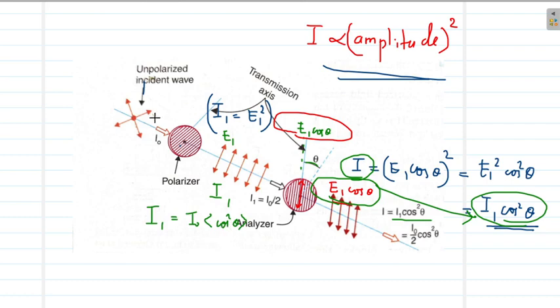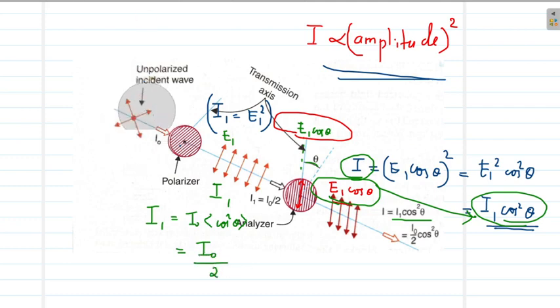You take average here since there are a lot of electric fields, and you will have to find out the effect of all the electric fields on the output side. So I1 equal to I0 cos square theta over the full range of 0 to 2 pi. So it is equal to I0 by 2.